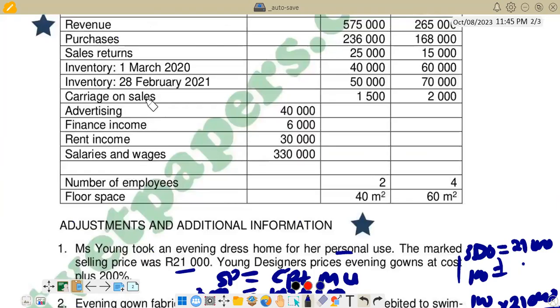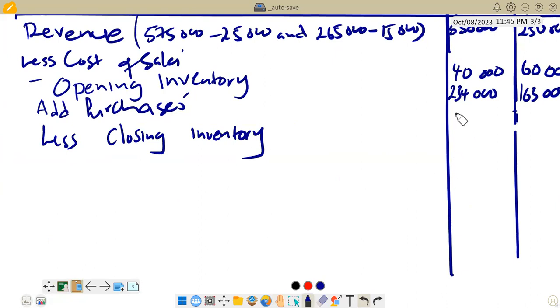Our closing inventory, we are finding it here is on 28 February 2021, whereby we have 50,000 and we've got 70,000. And then we put that one. So here we have put our 50,000. And here we have put our 70,000. And then we are subtracting, so we are putting it in brackets here so that we are subtracting.